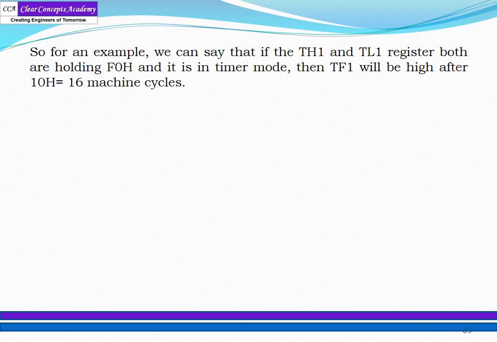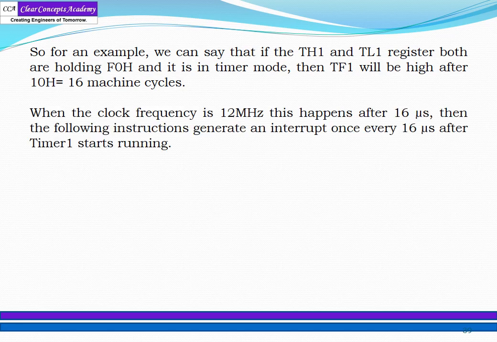For example, if TH1 and TL1 both are holding F0 hexadecimal in timer mode, then TF1 will be high after 10H, that is 16 machine cycles. When the clock frequency is 12 megahertz, this happens after 16 microseconds.